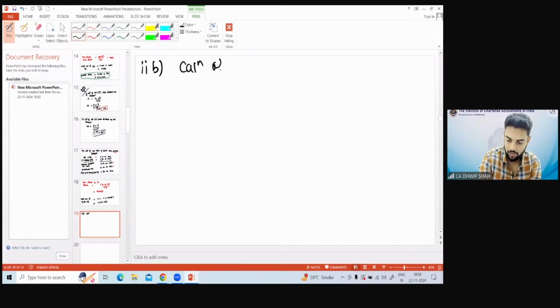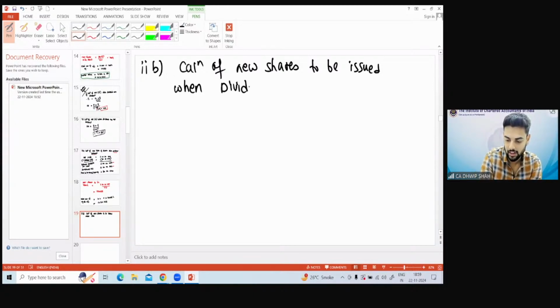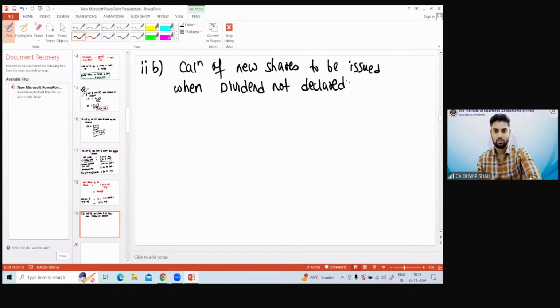Calculation of new shares to be issued when dividend is not declared. Okay? So when dividend is not declared, can I say the entire net profit of 3 CR would be available for investment?